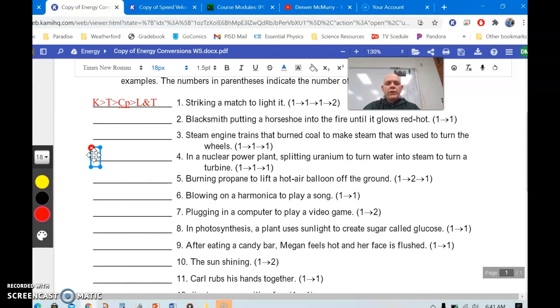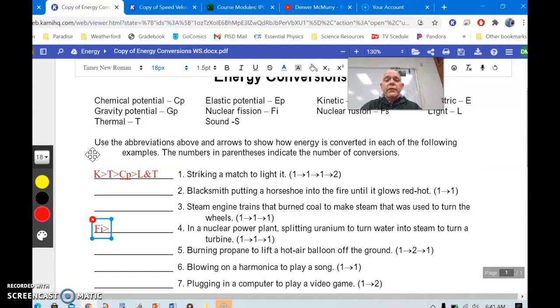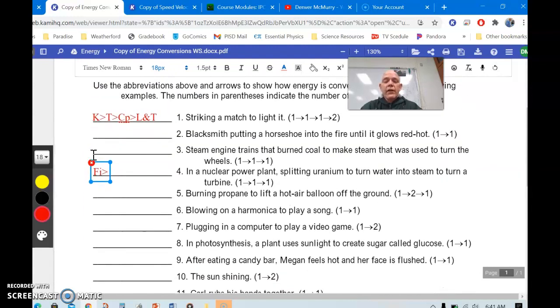It says 1 to 1 to 1. So first of all, splitting uranium would be fission, or FI. I believe that's what we said the abbreviation was for fission, right? Yeah, FI. And that's going to turn water into steam, so that's going to have to create heat or thermal energy. And then that's going to turn the turbine, and so that would be kinetic.